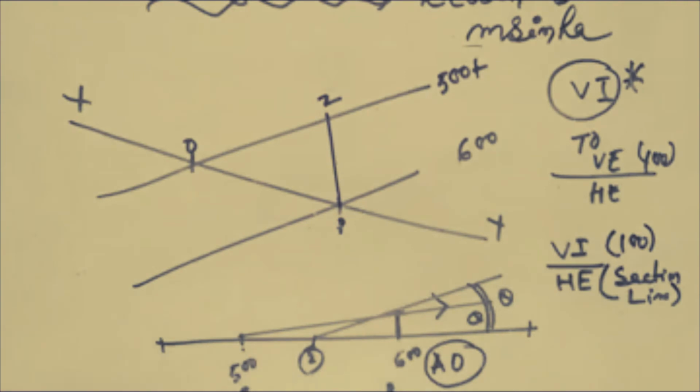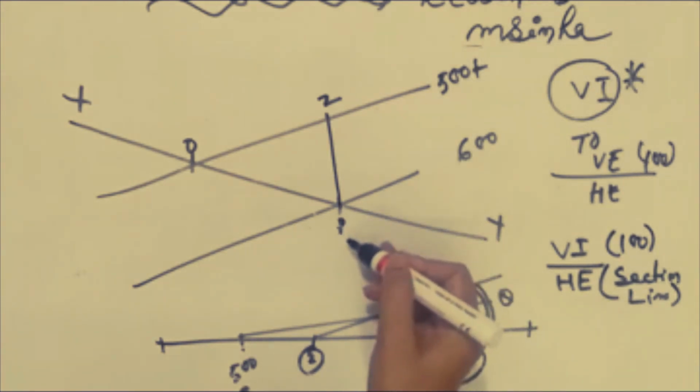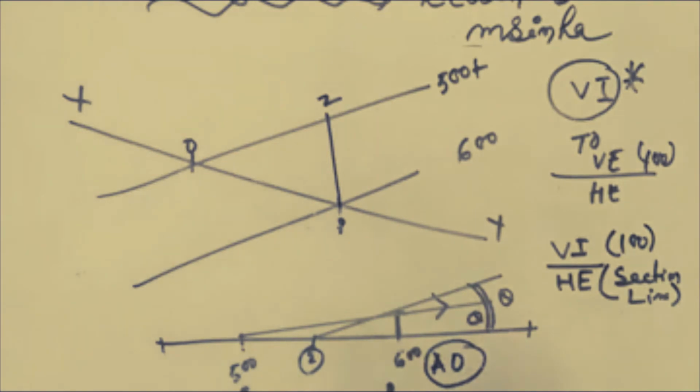True dip is always higher than or equal to the apparent dip. Apparent dip shows a lesser value than the true dip, or equal. If the section line cuts the strike line perpendicularly, then the apparent and true dip values will be the same.